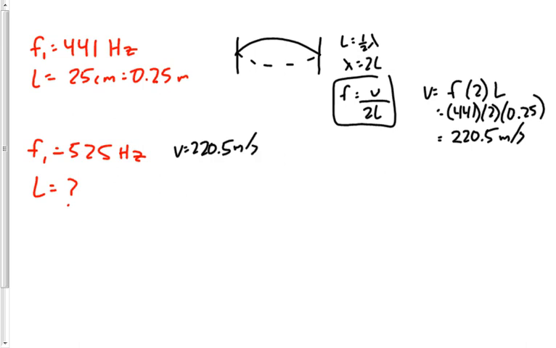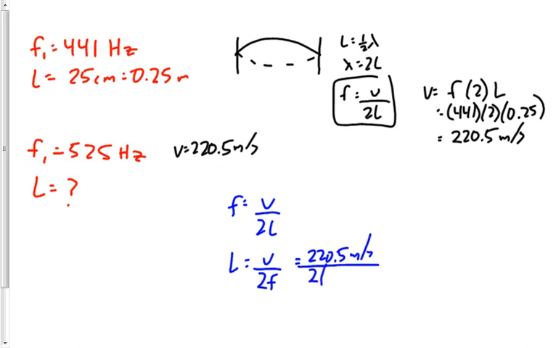Now what we've got to do in the second case is use the same equation, F is equal to V over 2L, to solve for L. The F goes down, the L goes up, becomes V over 2F. So now we've got 220.5 meters per second divided by 2 times 525.